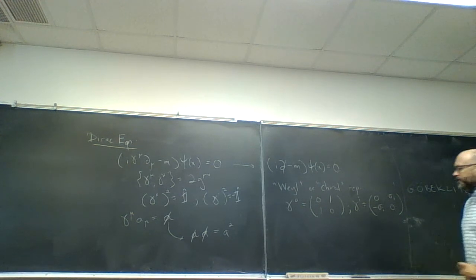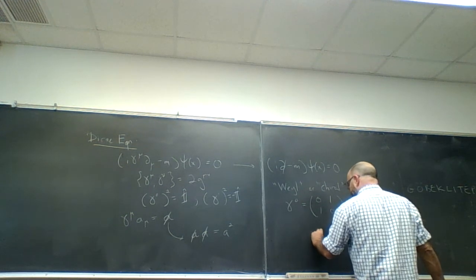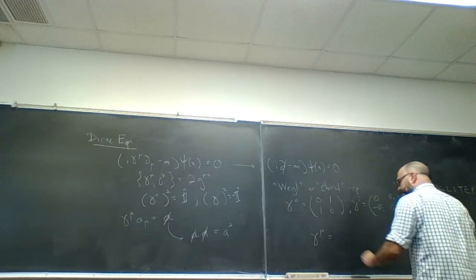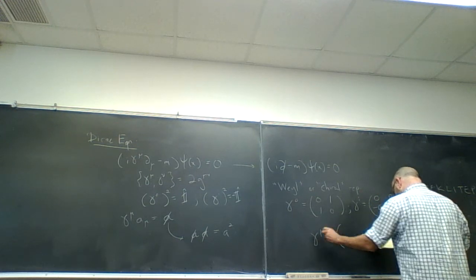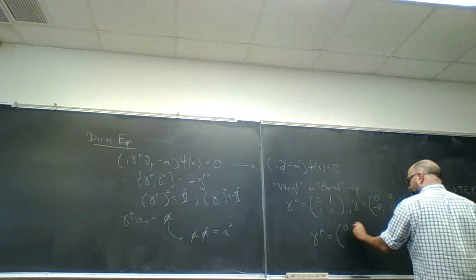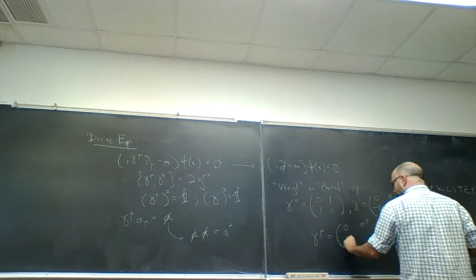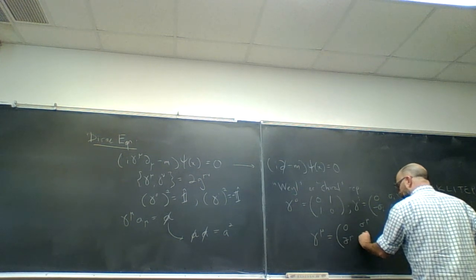And then you can even go further and write these in shorthand notation like this, where the matrix gamma mu is written as 0, sigma mu; sigma bar mu, 0.